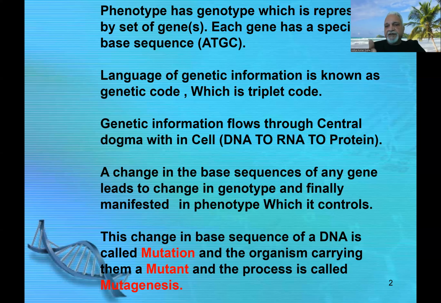Okay. Another aspect of this genetic information is the flow of information within the cell. That is, it follows a central dogma pattern. What is central dogma? From DNA to RNA and RNA to protein. So genetic information contained in the DNA is first transcribed into RNA, and there are three types of RNA: tRNA, rRNA, and mRNA.